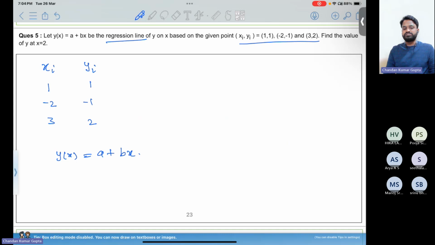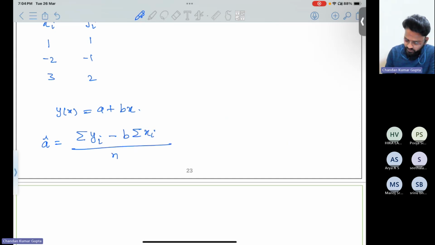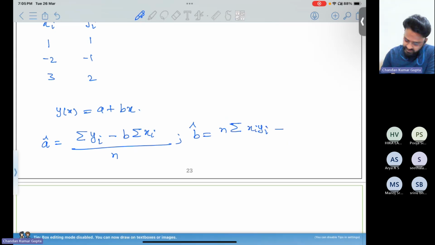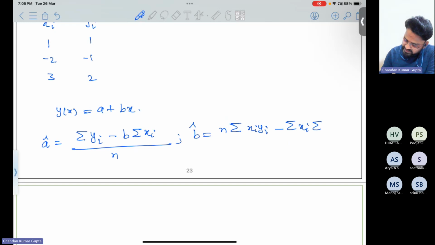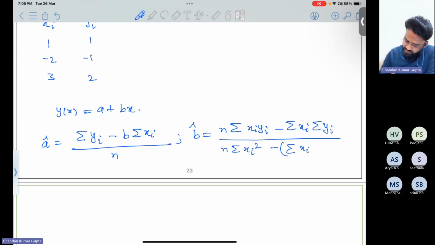In this case, the estimated values of a and b will be calculated with the help of this formula: a estimate is summation of yi minus b summation of xi, whole divided upon n, and the b estimate is n summation of xi yi minus summation of xi summation of yi, whole divided by n summation of xi square minus summation of xi whole square.